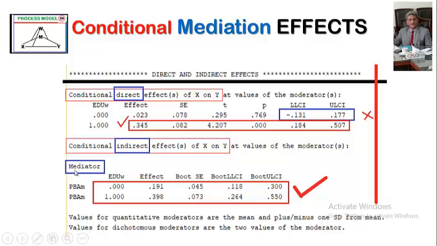So, in the presence of mediator, when the education or the moderator's value is 0, then the effect is 1.91, and it is significant because both lower and upper limits of confidence interval are on positive side, or they have positive signs. Therefore, there is no chance of 0 in the middle.